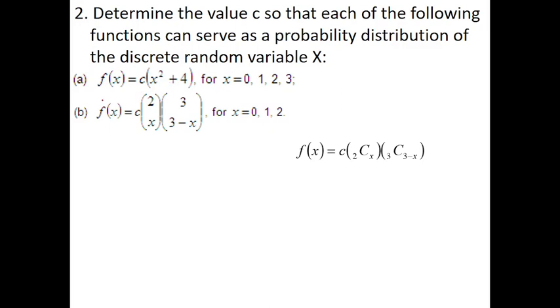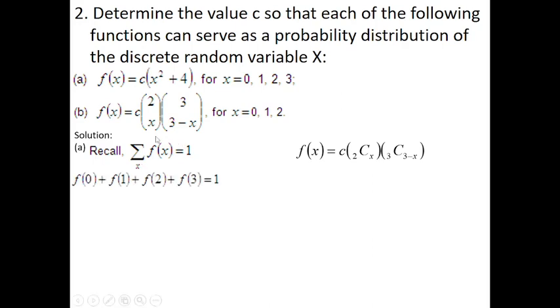Alright, so let's consider letter A. F of x equals c times the quantity x squared plus 4, for x equals 0, 1, 2, and 3. So for our solution, recall that the summation of f of x for all values of x is equal to 1. That means we start with 0, because x equals 0, 1, 2, and 3.